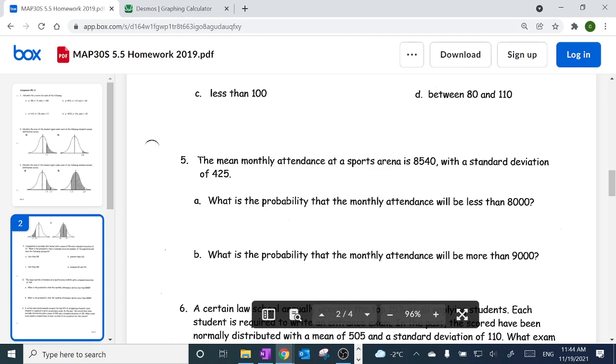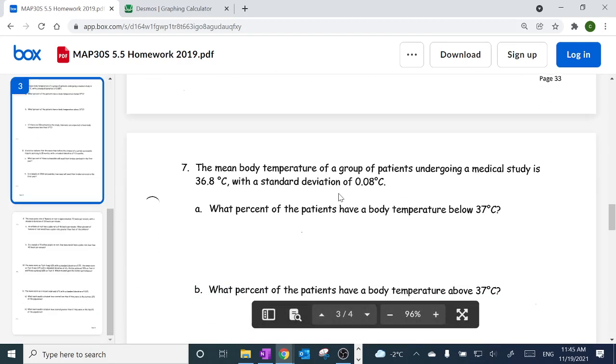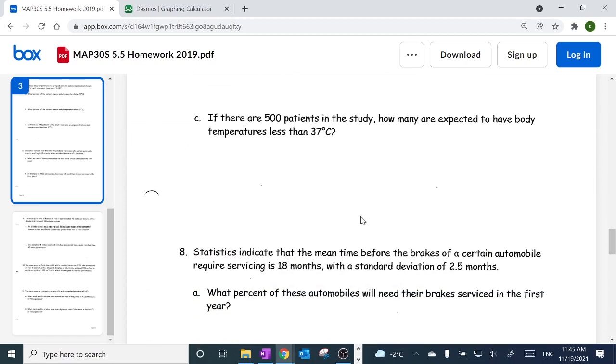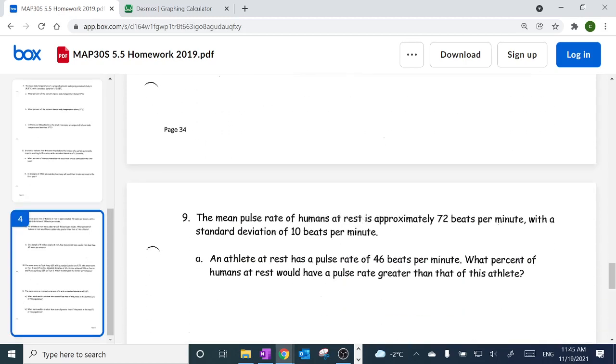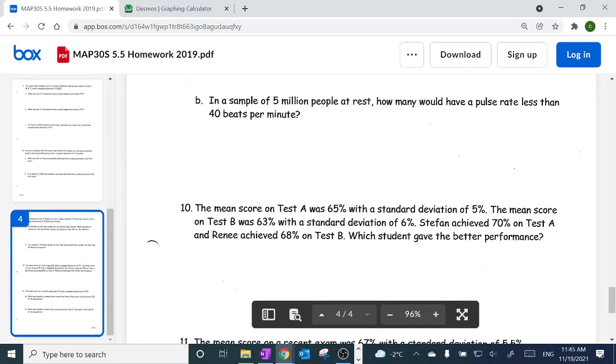And you can't do 5 yet. You can't do 6 yet. You can do 7. You can do 8. You can do 9.